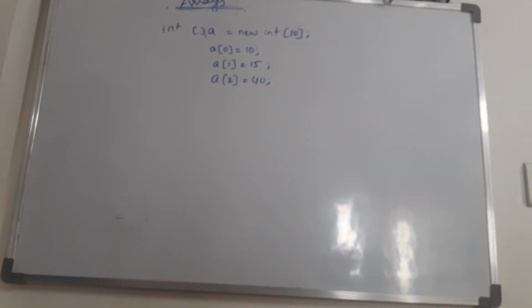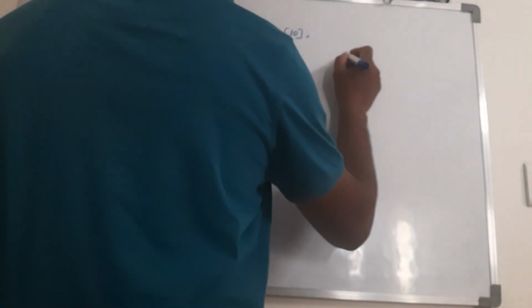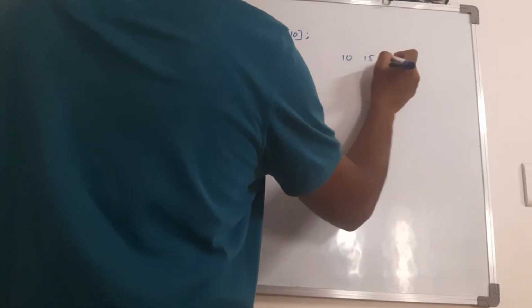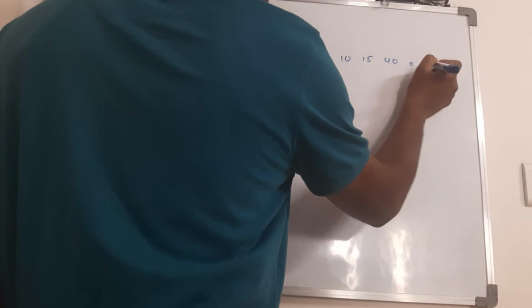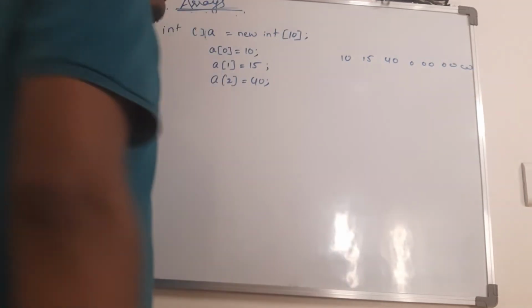Now it will store 10, 15, 40, and the remaining 7 values as 0, 0, 0, 0, 0, 0, 0.